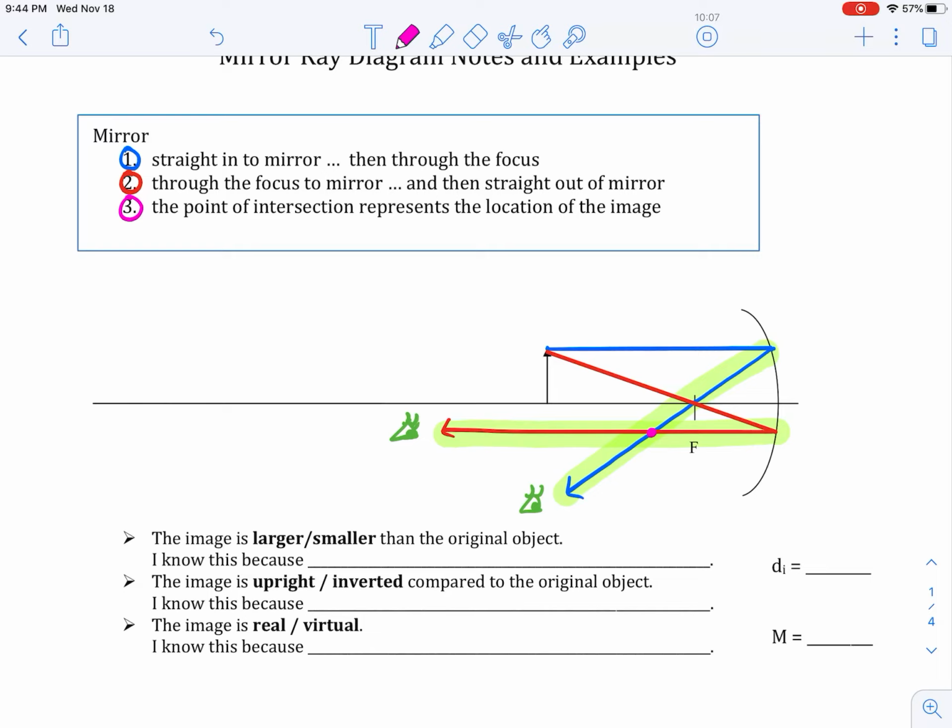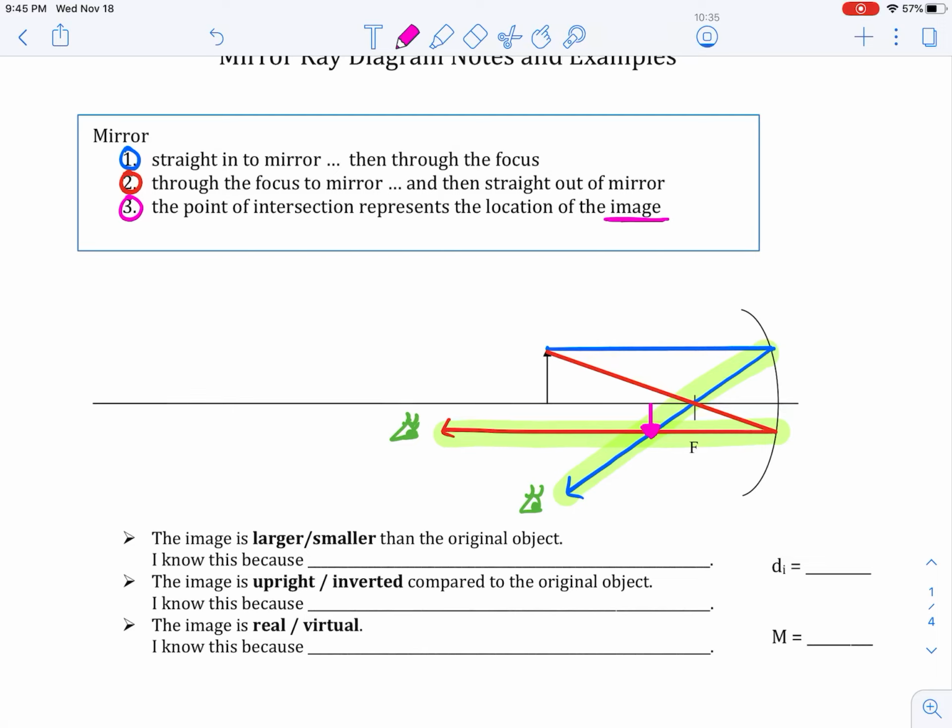We're going to start from this horizontal axis, and our line is going to be drawn away from that horizontal axis to the tip of our arrow, or in this case, our point of intersection. This point of intersection represents the top of my arrow. So this is what my image should look like.